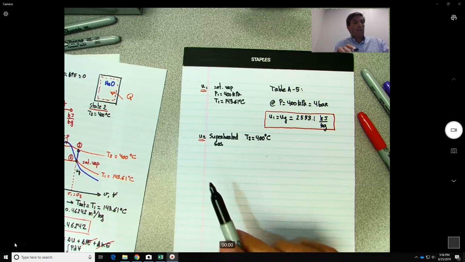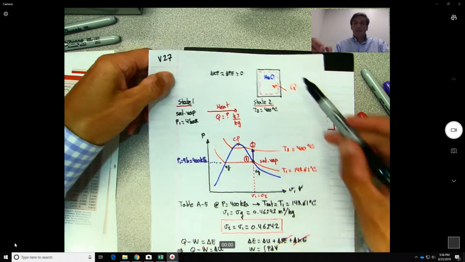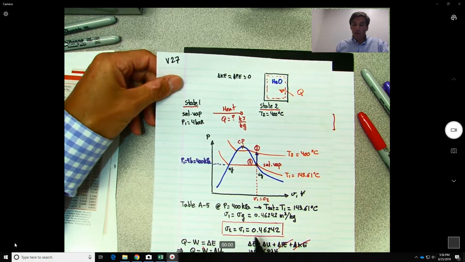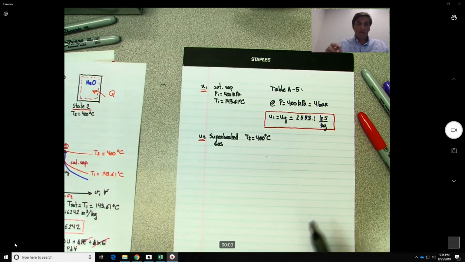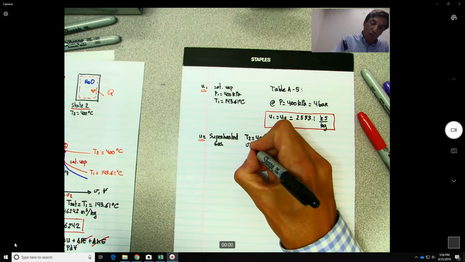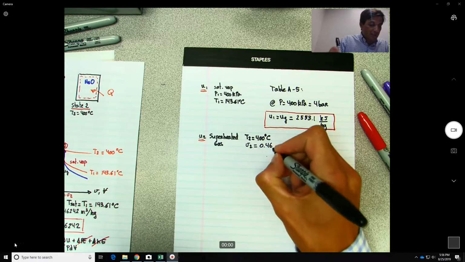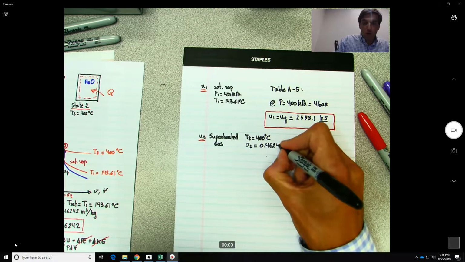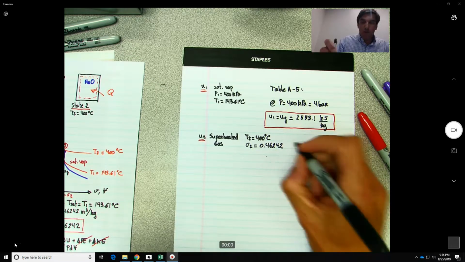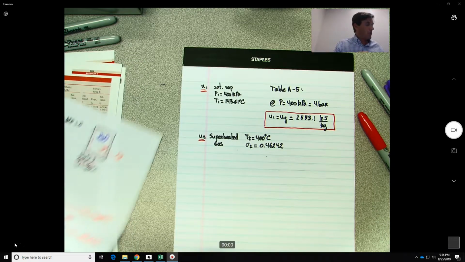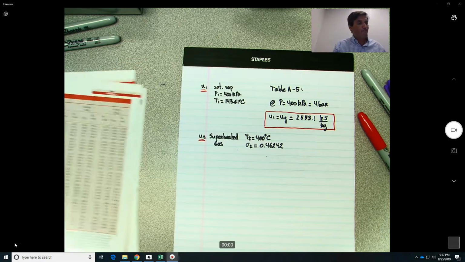Because this was a fixed or closed system, we know that V2 was equal to V1. So you can say V2 is equal to 0.46242. Okay, we could go and find the pressure, but this should help us to do the problem anyway.